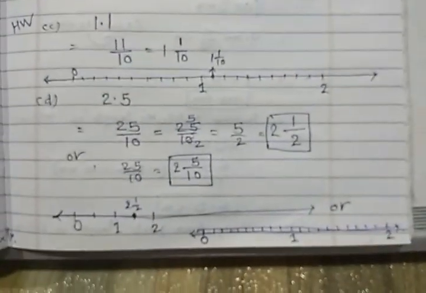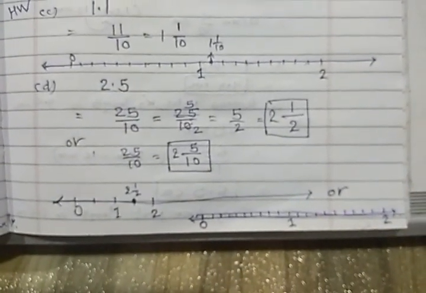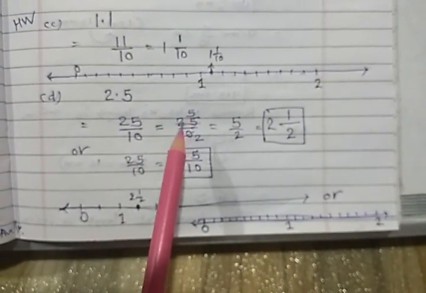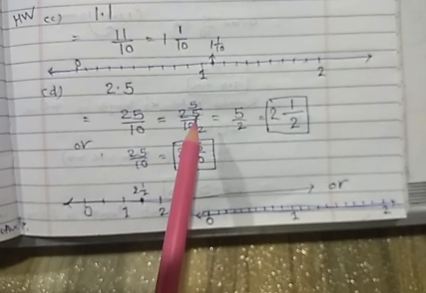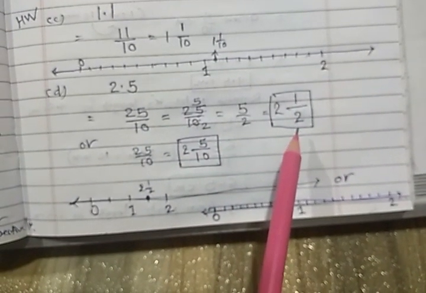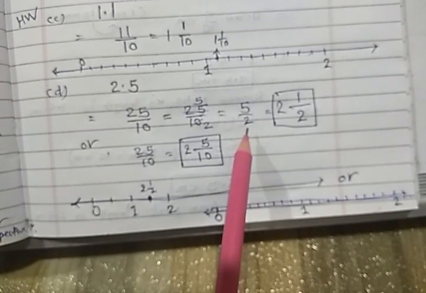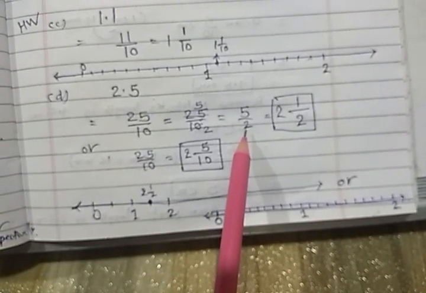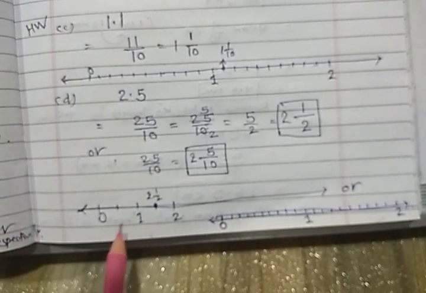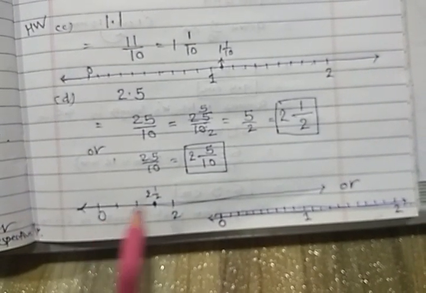Similarly, you can do this 2.5. Now 2.5 means what? 25 upon 10. Here you can cancel also. Like this way also you can represent. 25 upon 10 means 5 upon 2. 5 upon 2 means 2 integer 1 upon 2. Here we have to represent denominator, you see 2. So our 0 to 1 is divided into 2 equal parts.